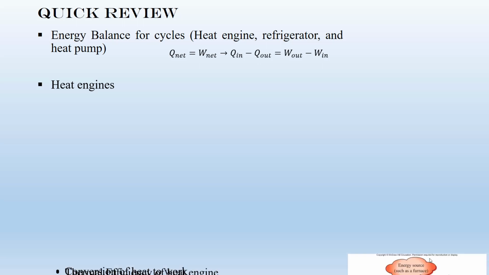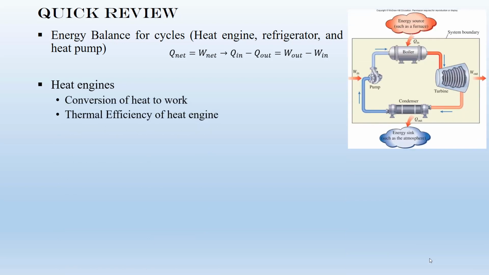For the cycles of the heat engines, we have four steps. The first step is, heat is absorbed from the source, and then what happened? There is a boiler. In this boiler, the inlet is normally compressed liquid, and then this compressed liquid is converted to superheated vapor. Then this superheated vapor goes through a turbine, and a part of this fluid energy is extracted, and W net is the product, or the outlet, of this turbine.